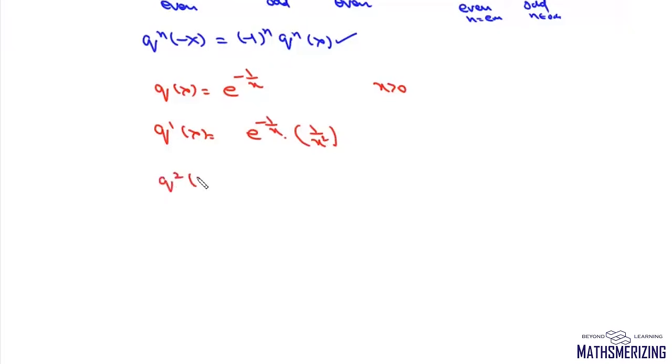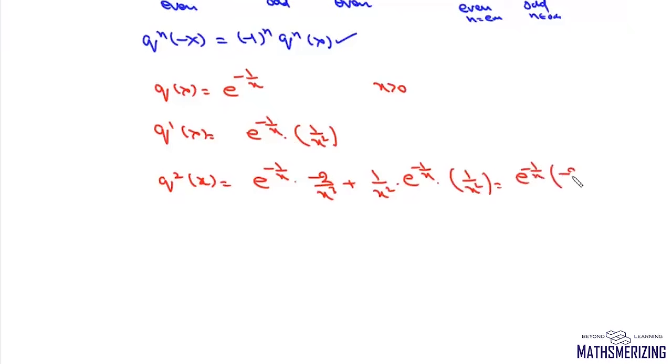Now, if we find q''(x), it will be e to the power minus 1 by x times minus 2 upon x cube, plus 1 upon x square times e to the power minus 1 by x times 1 by x square, which is e to the power minus 1 by x times minus 2 upon x cube plus 1 upon x to the power 4. Now we keep differentiating it. We can write q^(n)(x) will be of the form e to the power minus 1 by x and then some polynomial expression of 1 by x.